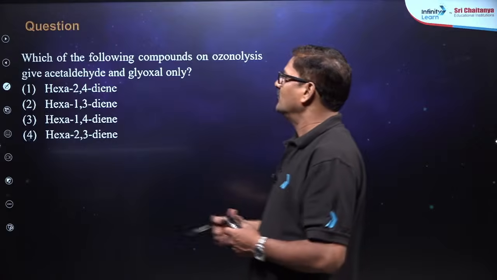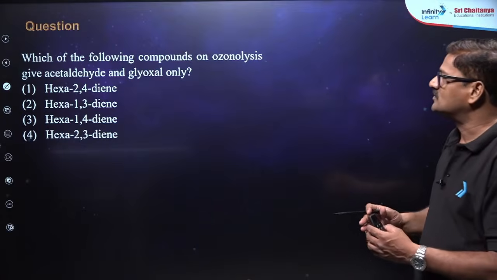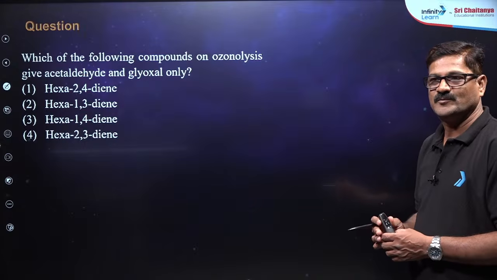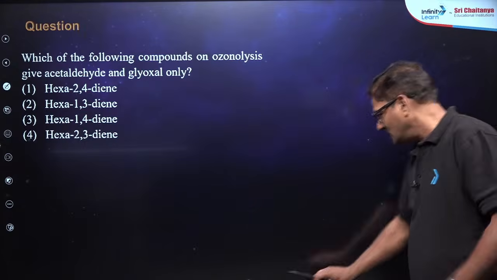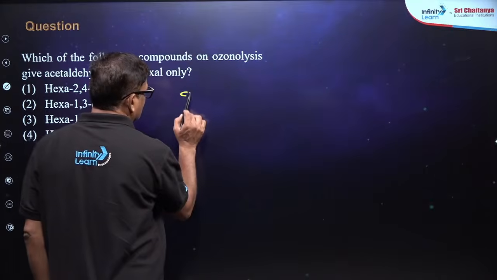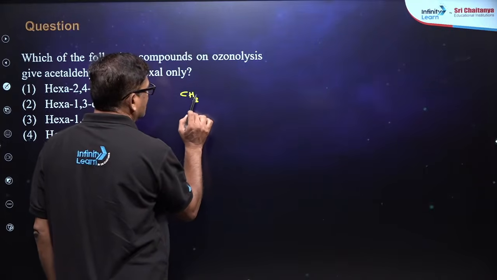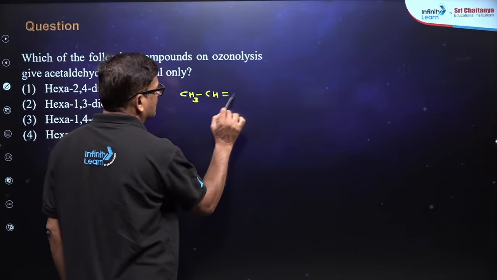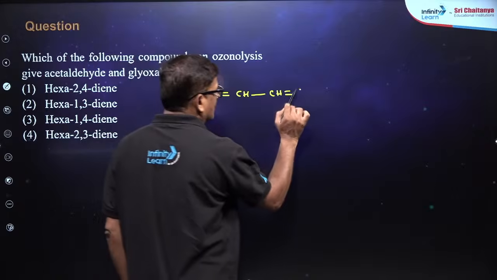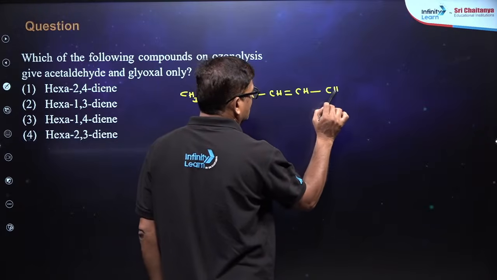Moving ahead, which of the following compounds on ozonolysis gives acetaldehyde and glyoxal? Let us take CH3, CH double bond CH, CH double bond CH, and CH3.